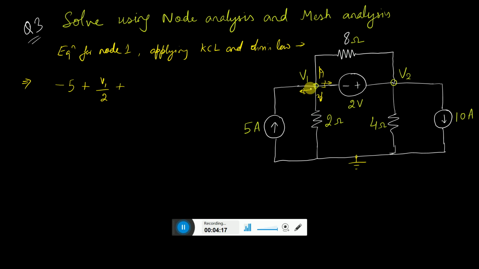Then we have the current Ix, which is plus because we are assuming the direction of Ix to be in this direction. And another current going upward is V1 minus V2 by 8. That is the fourth term, and the equation equals 0. So this is equation 1.